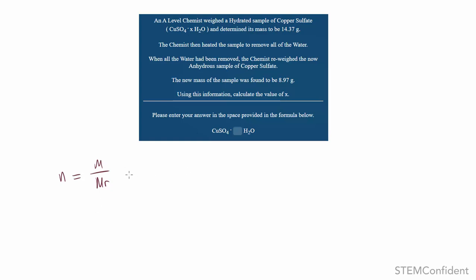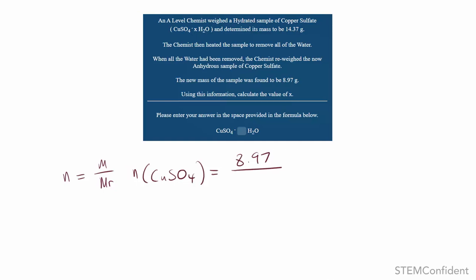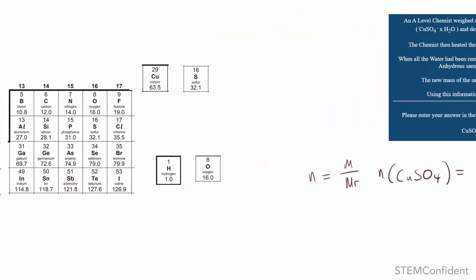So in this case, the number of moles of CuSO₄ is going to be equal to 8.97 divided by the molar mass. Now we don't have the molar mass right here, but we do have the fact that the formula is CuSO₄, right?